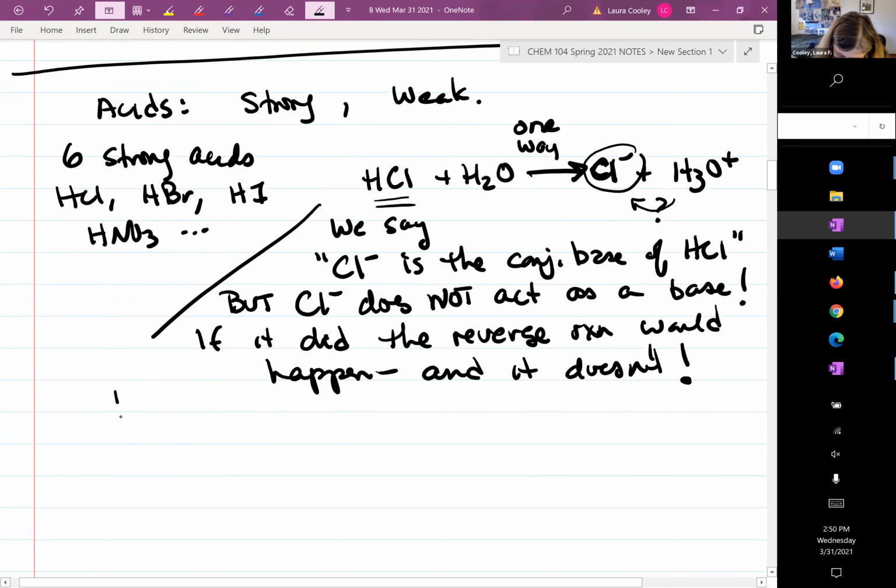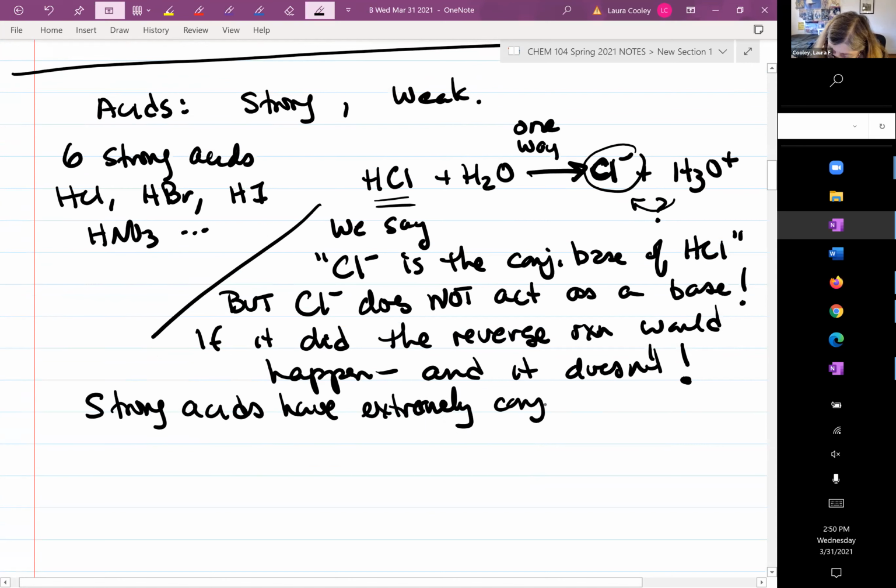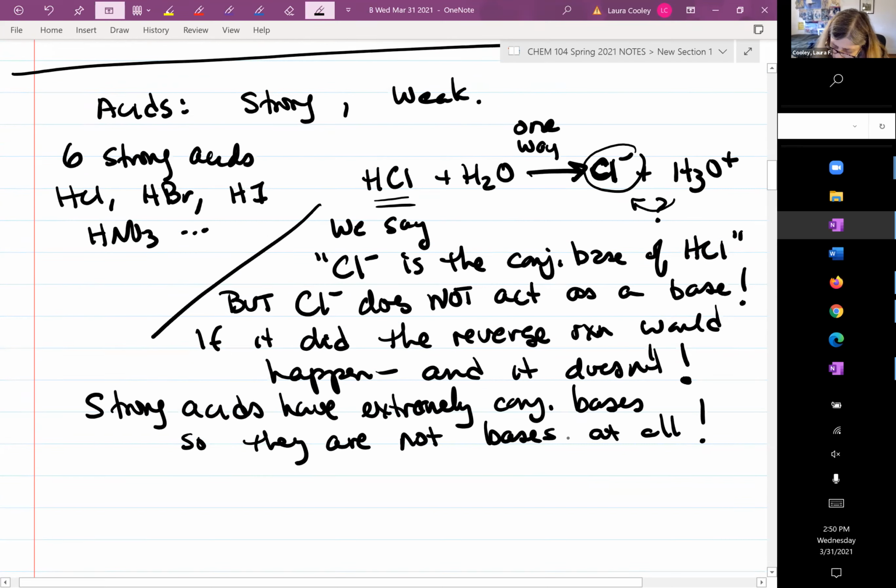So let me write that down. Strong acids have extremely weak conjugate bases. So they aren't even bases. They are not bases at all. We call them extremely weak conjugate bases.